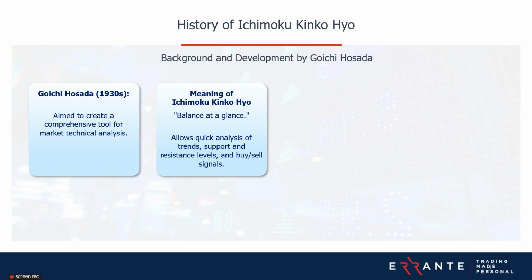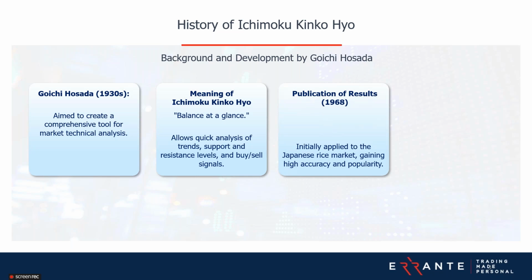This is the translation from the Japanese to English. This name was chosen because the system allows analysts to quickly gather important information from a single glance at the chart, including trends, support and resistance levels, and of course, spotting buy and sell signals.